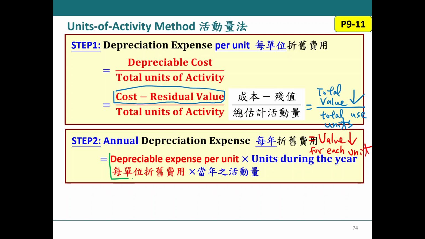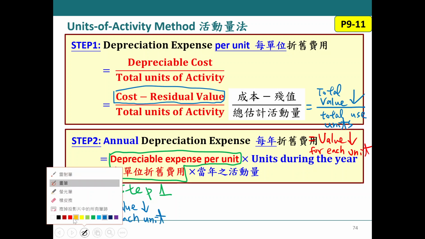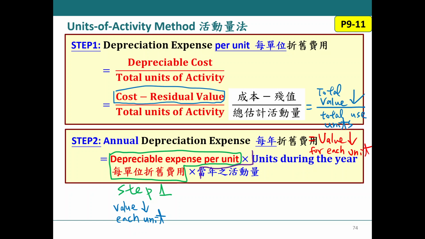So from your step 1, find out the value decrease for each unit, and then we consider how many units you used for this period.